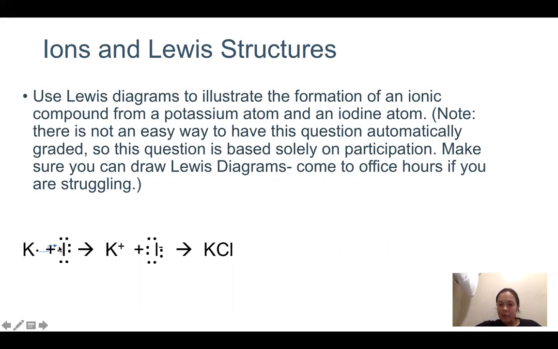And remember the octet rule, they want to reach an octet. If potassium lost this 1 electron, then it would have the next inner shell, and that would be full of 8 electrons. It'd be really happy. And if this iodine gained 1 electron, it would be really happy because now it has 7 and then it would have 8. So this 1 electron from potassium is going to be taken.